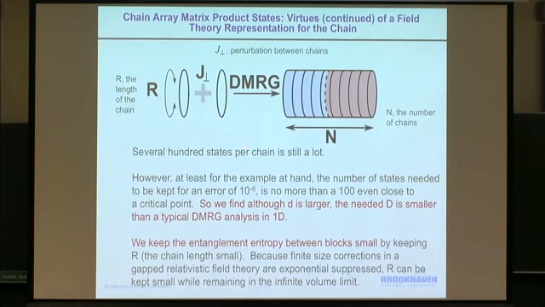The reason we can keep the length of the chain small is because in a field theory, at least if the theory is gapped, the finite size corrections are exponentially suppressed. I should have put the reference here, but it's an old result of Luttinger's, where he studies field theories in finite volume.